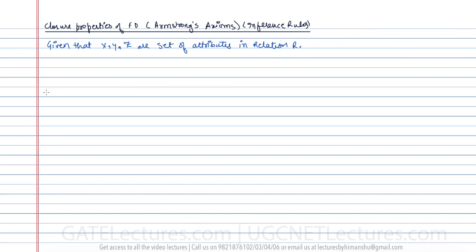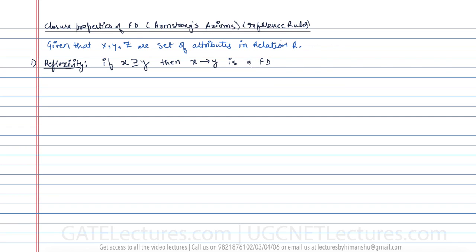So the first closure property is called reflexivity. What is reflexivity? Let us suppose X is a superset of Y, or you can say Y is a subset of X, then X determines Y is a functional dependency.